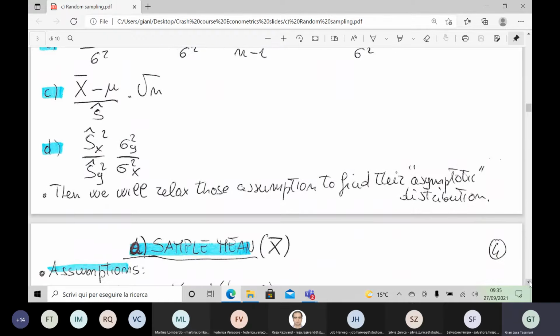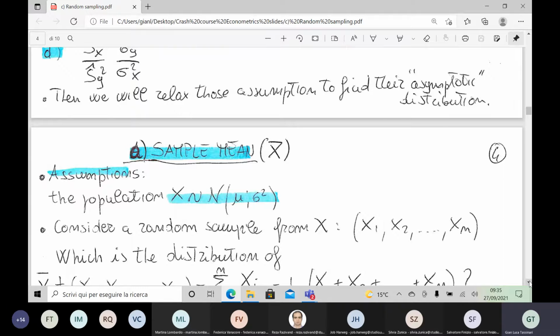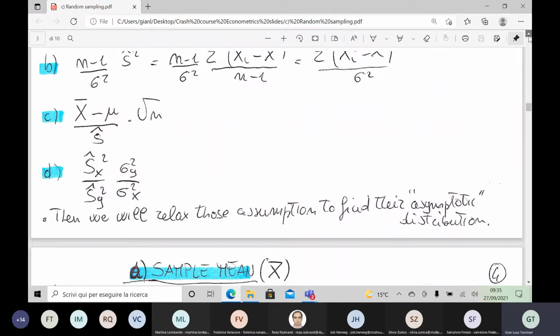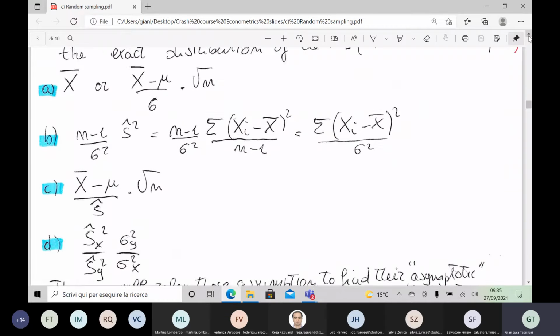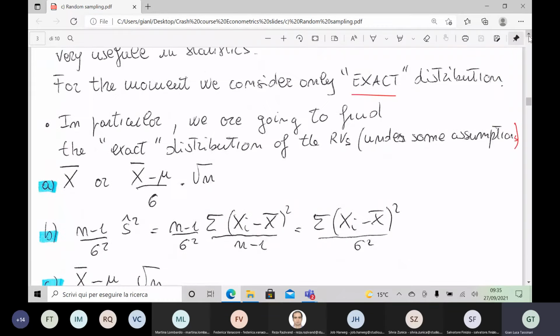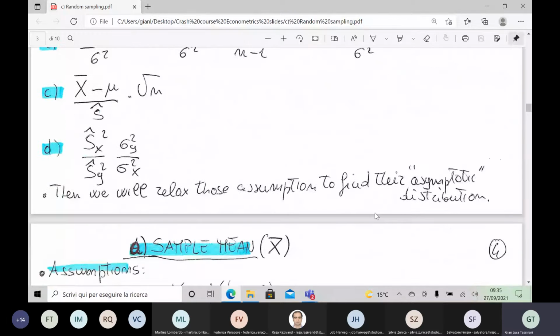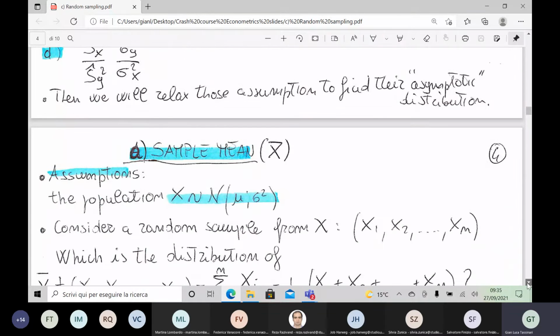In order to find the so-called exact distribution, I need to make some assumption. Later, I will relax this assumption to find instead the asymptotic distribution, but I will explain this later. For the moment, what I explained this morning, I simply provided you the definition of a random sample. A random sample is a set of n independent and identically distributed random variables from the population.